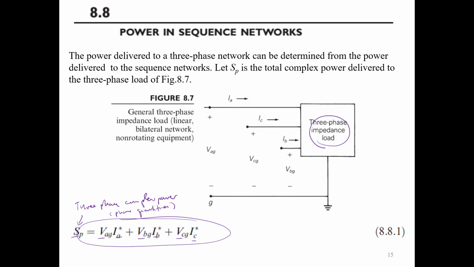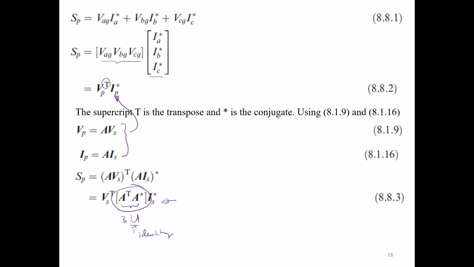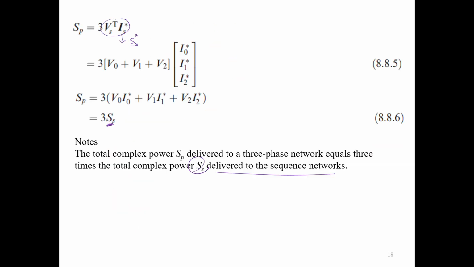The better method, or the transform method, is that if you manage to know the power being consumed in the sequence network, where everything is balanced, you just multiply this by 3 and you get the total power. So this expression is just like the one that we have made for the balanced three-phase power system.